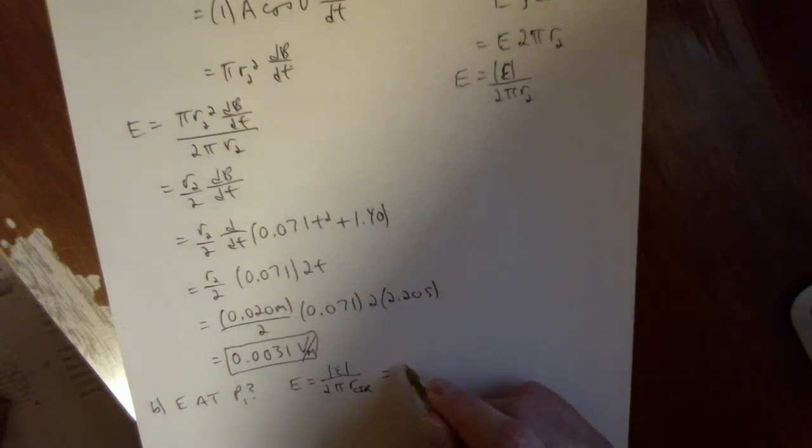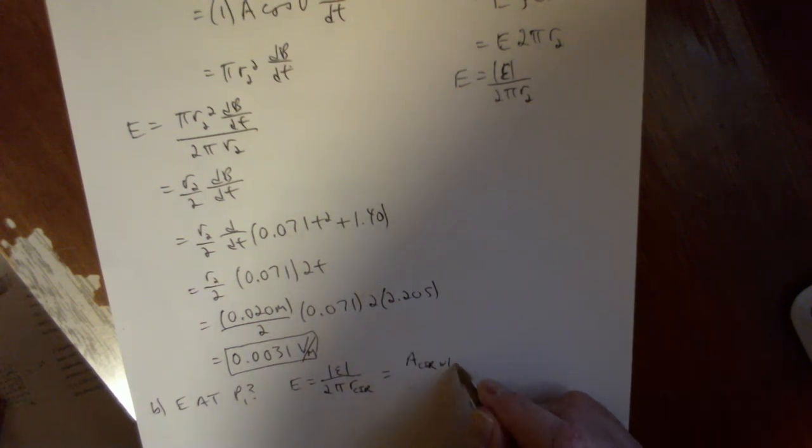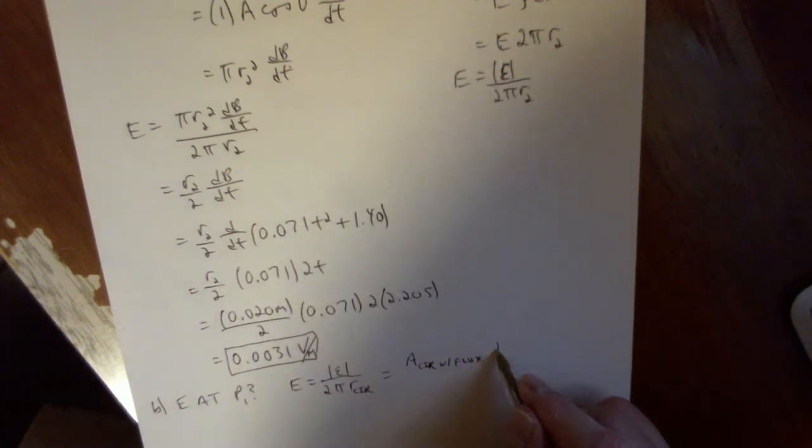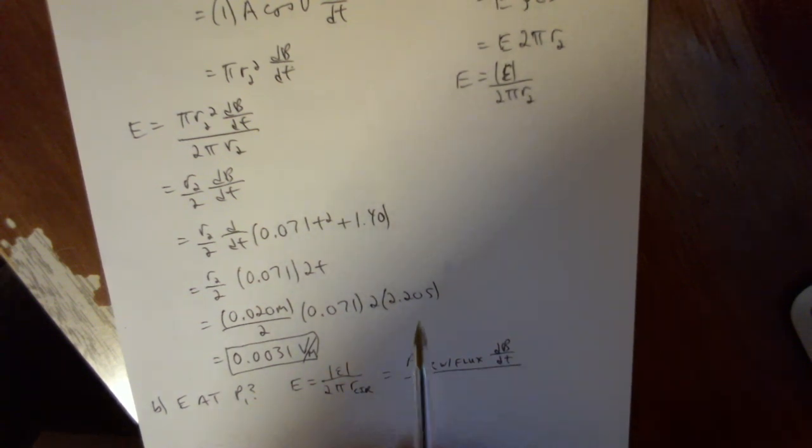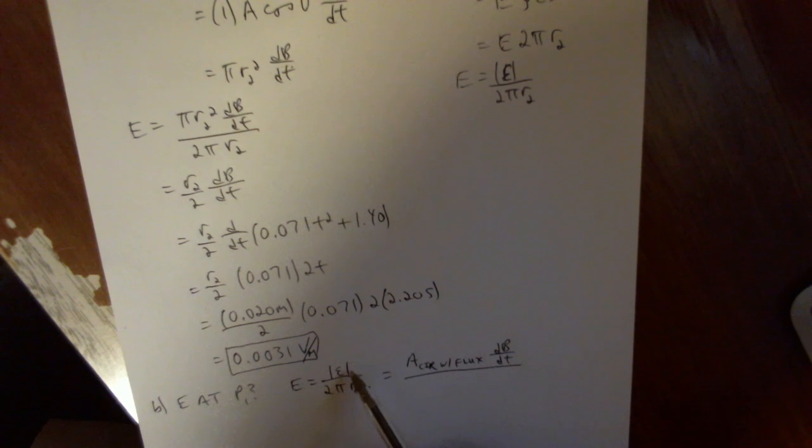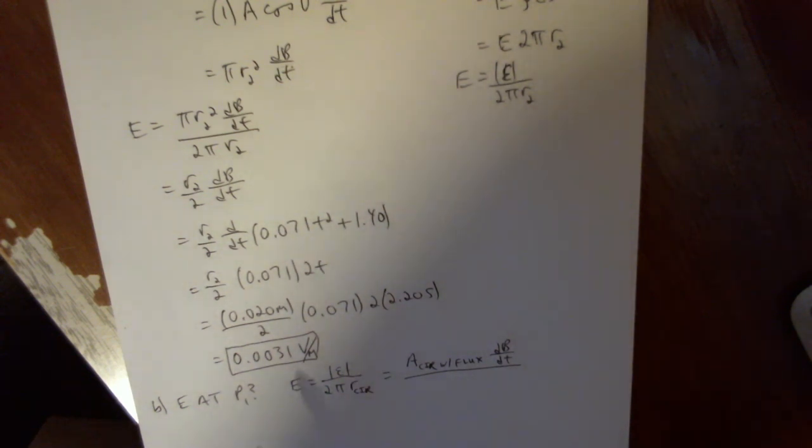times dB dt. I'll put area of the circle with the flux, times dB dt. So remember, we got the EMF from looking at the flux through a circular region, and the rate of change of flux.